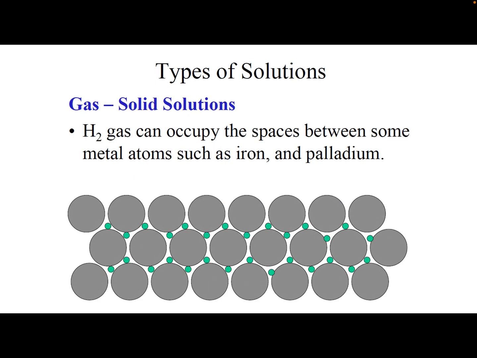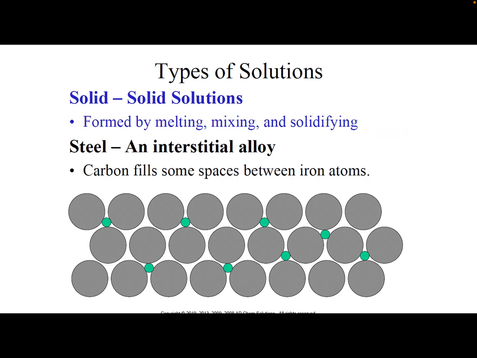Because of that, it's going to make the steel brittle at low temperatures, because hydrogen will actually push the iron atoms apart. So to prevent leaks in pipelines, they remove as much of the hydrogen gas as possible before they send the gas and oil down a pipeline.